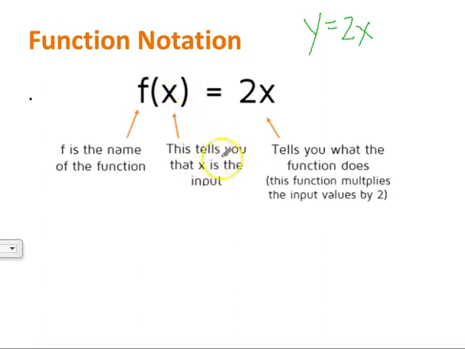The x in the parentheses tells you what the input is. What are we putting into the equation? And then over here, this tells us the function rule, and all of it is going to be the output that we get. And we're going to look at evaluating functions in the next slide so that you have a better idea of what I'm getting at here.